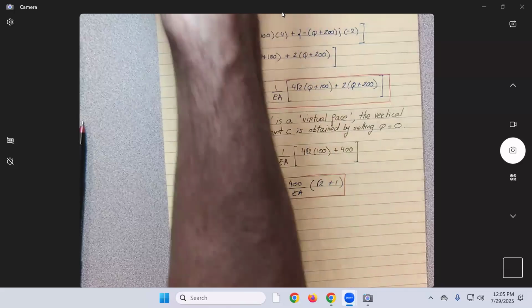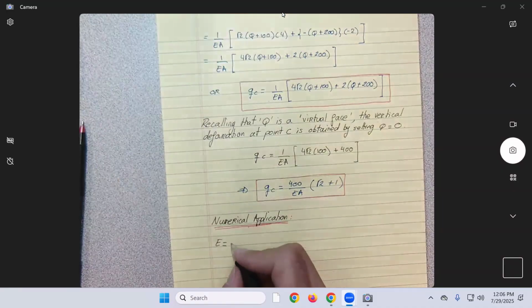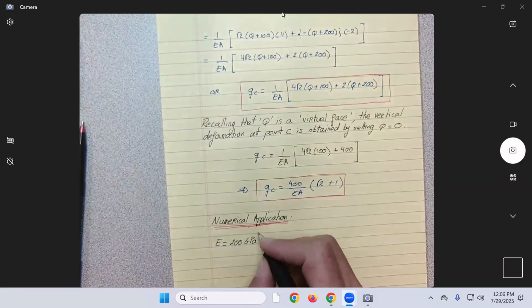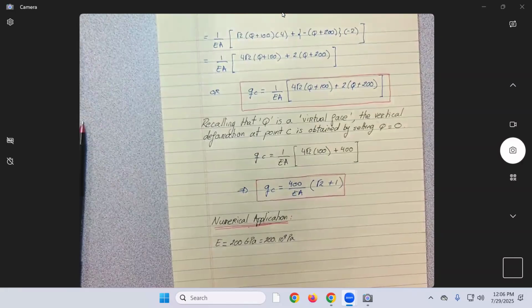Yeah, E from the first page is 200 gigapascals. So this will be 200 times 10 to the 9 pascals. Then we have A is 400 millimeter square. So how many meters square would that be?